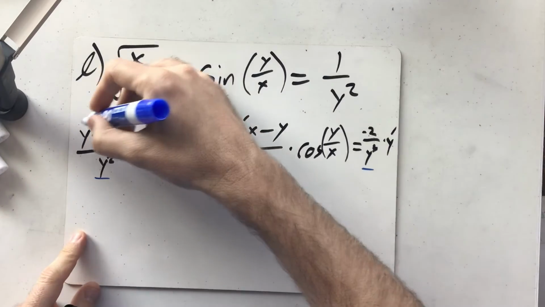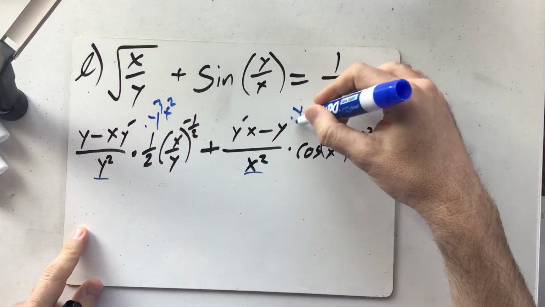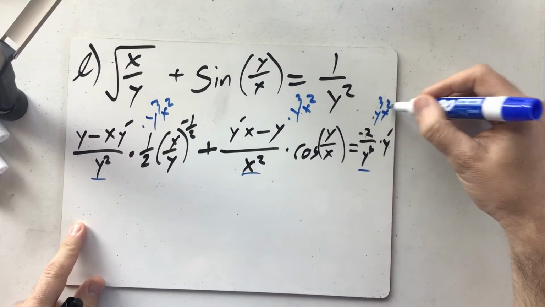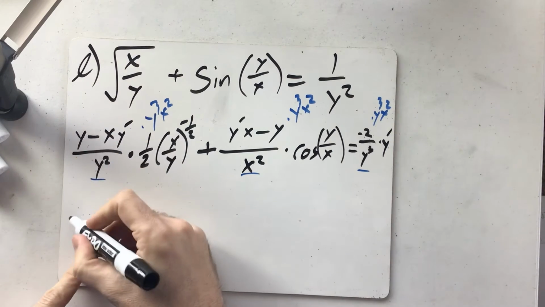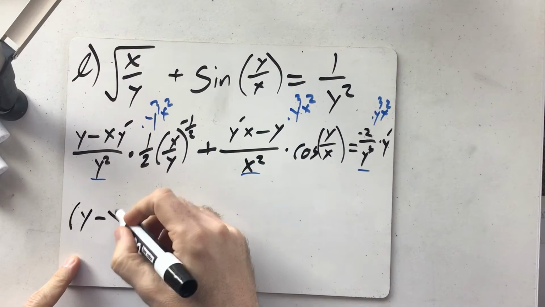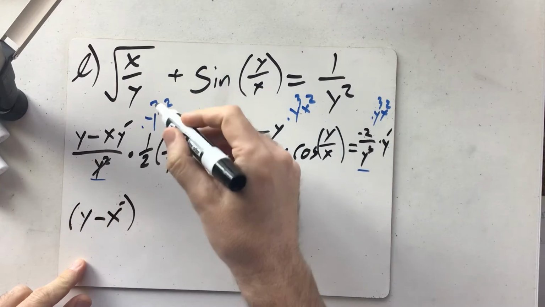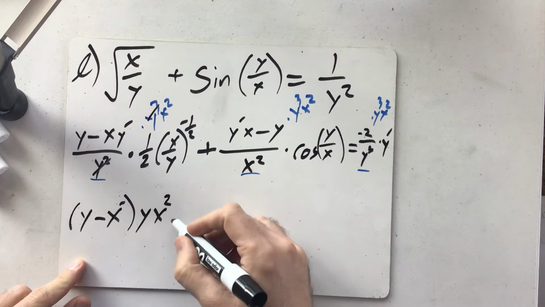I'll multiply this by y cubed x squared, this by y cubed x squared, and this by y cubed x squared. What you'll see is that all my denominators will cancel, and I'll have just a few things left over. So this first part, I will have y minus xy prime, and my y squareds cancel, and I'm left with just a single y x squared.